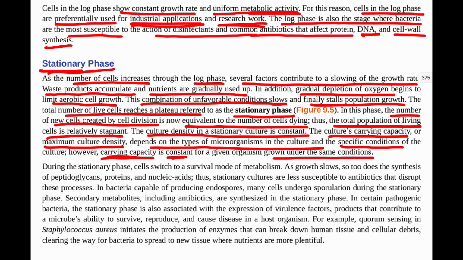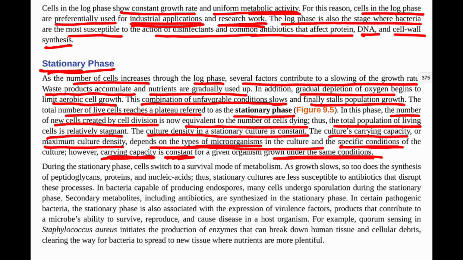This varies, depending on the types of organisms in the cell culture and the conditions, but we have our carrying capacity, the number of cells that a certain medium can hold given the specific conditions, and that's constant. So we know that number for many organisms, and we reproduce that. If we grow it under the same conditions over and over again, we'll get those same numbers.